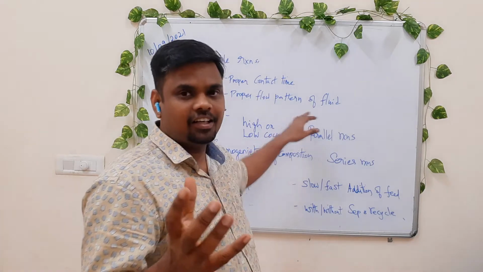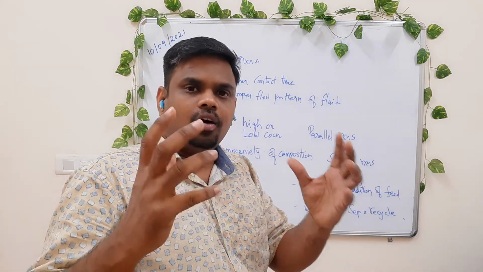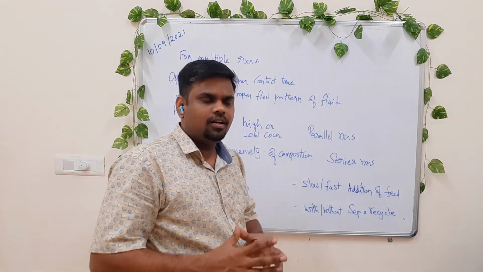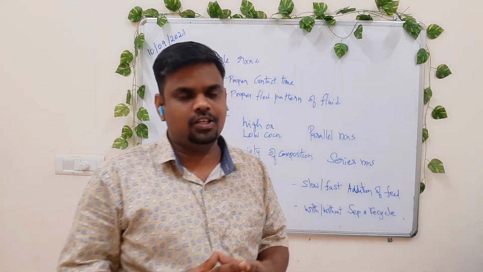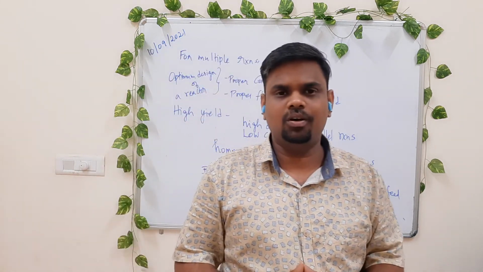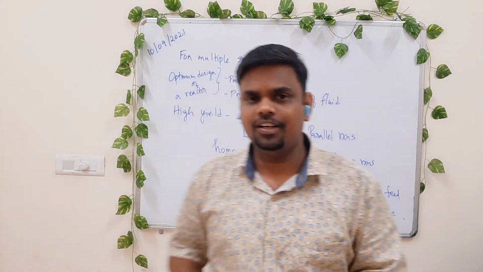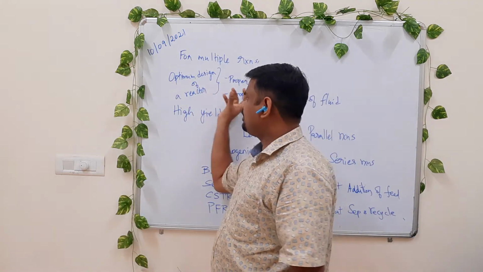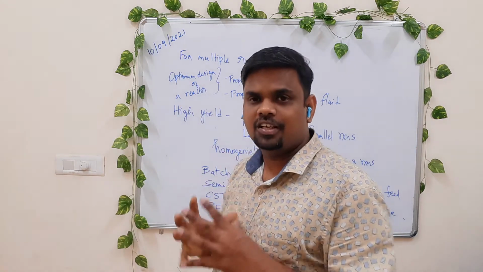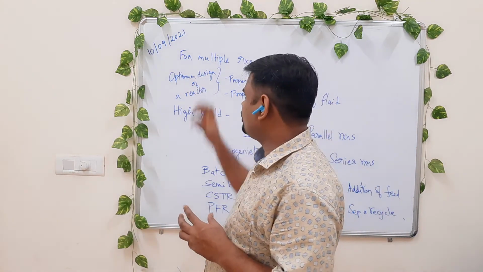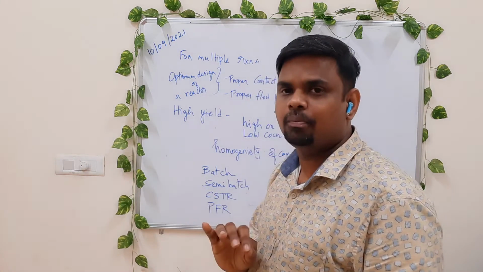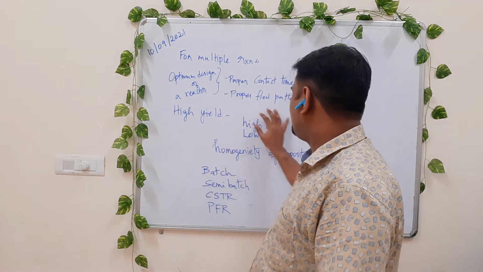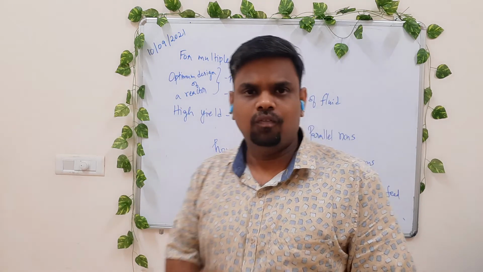Within a reactor, proper contact time is important, and another important parameter is proper flow pattern of the various feed streams involved in the reactor. That will decide the design of a proper reactor. So if you want an optimum design of a reactor, we should have a proper contact time, and then a proper flow pattern of the fluids.